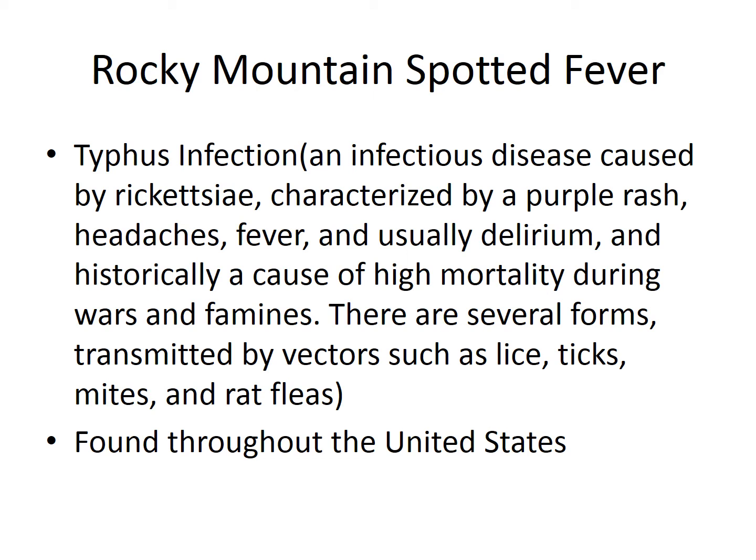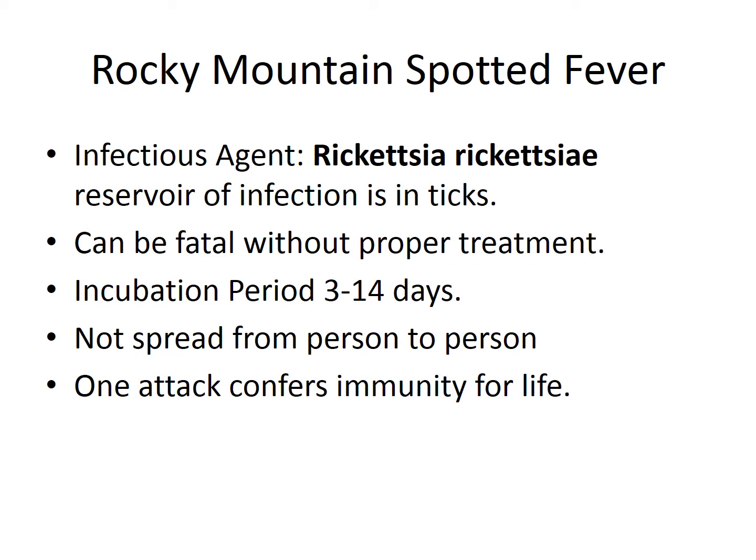However, like I said, you will see it more on the eastern southern seaboard. The infectious agent is Rickettsia rickettsii, and the reservoir of infection is in ticks. It can be fatal without proper treatment.